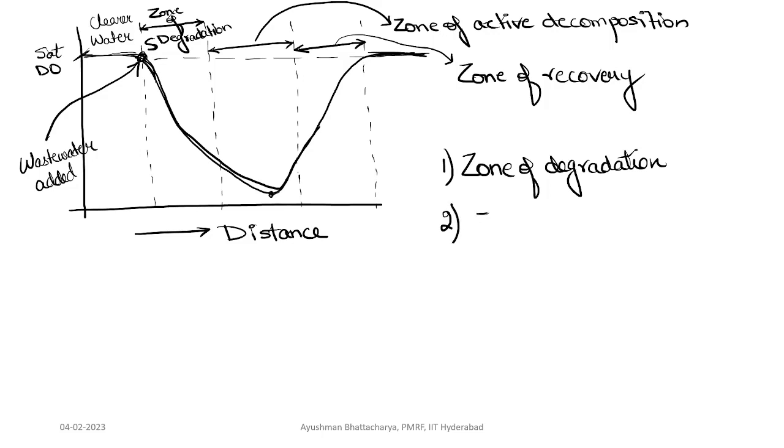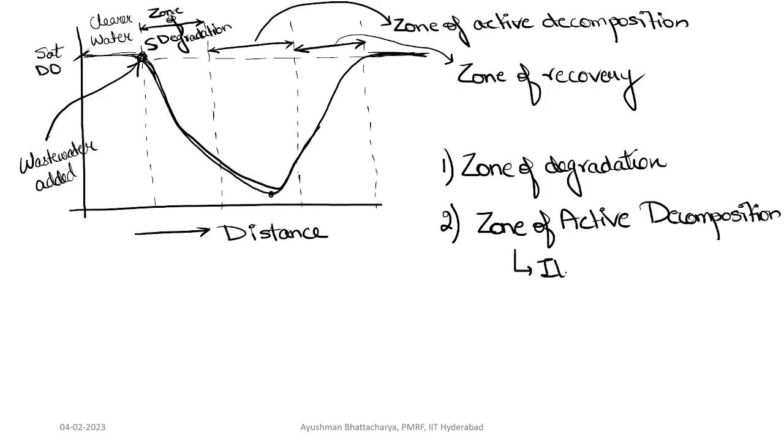Second is the zone of active decomposition. It is a zone of heavy pollution. Water becomes more turbid than in the zone of degradation. This is the main point.